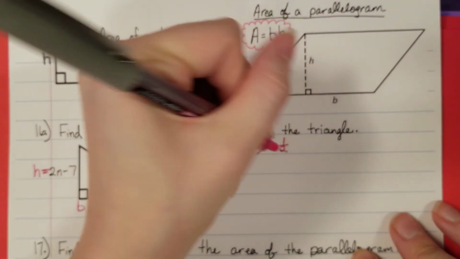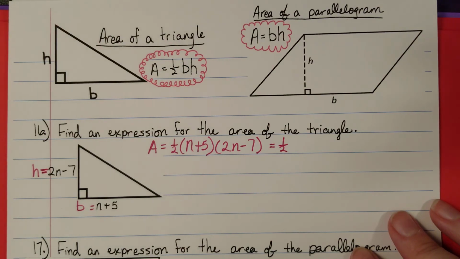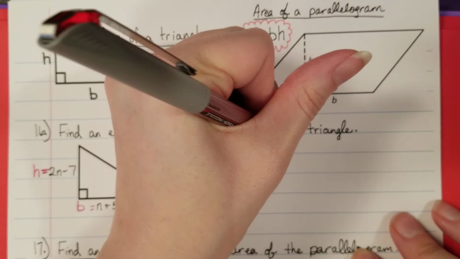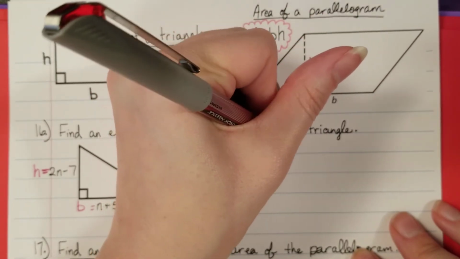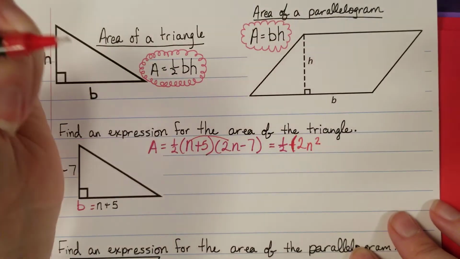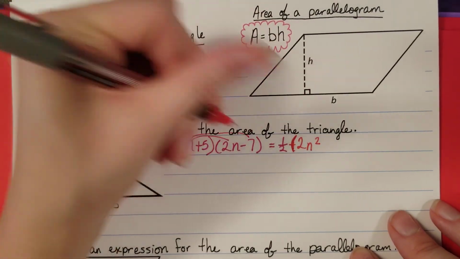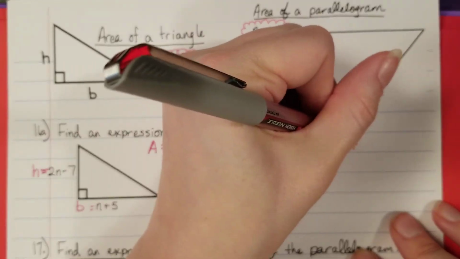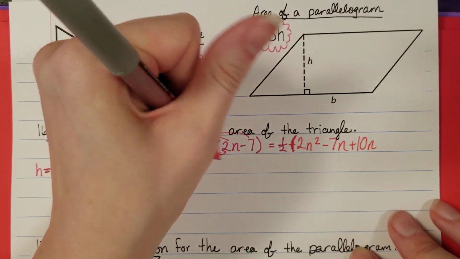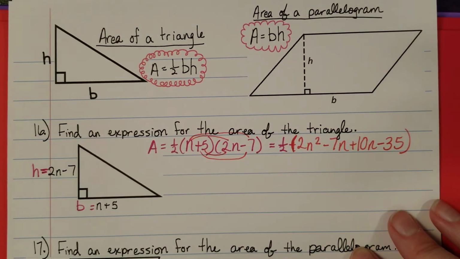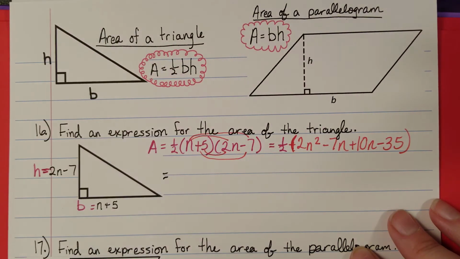I'm just going to leave that 1/2 there for right now and just FOIL. There's going to be a parentheses still here. That's going to be 2n squared minus 7n plus 10n minus 35. Okay, and then we can combine the like terms.